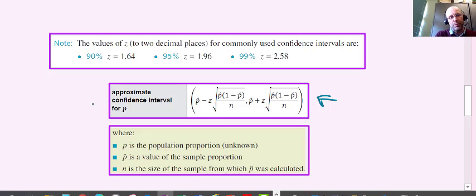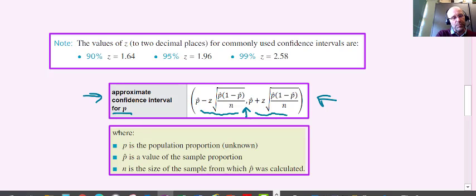The approximate confidence interval for a sample proportion is given by that. Notice it has two parts separated by a comma: this gives you the lower end of the interval, and this gives you the upper end.